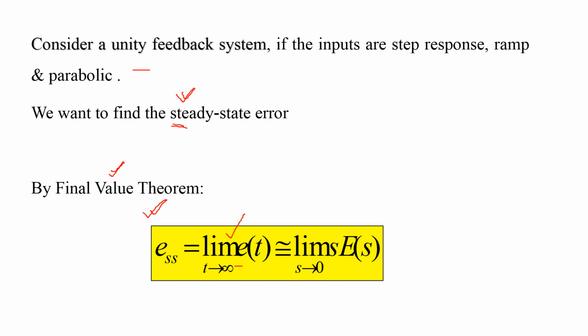This is in time domain and this is in s domain. Here ESS is the steady state error. We are going to determine this steady state error with the different types of inputs, that is step, ramp and parabolic. These concepts are very important.